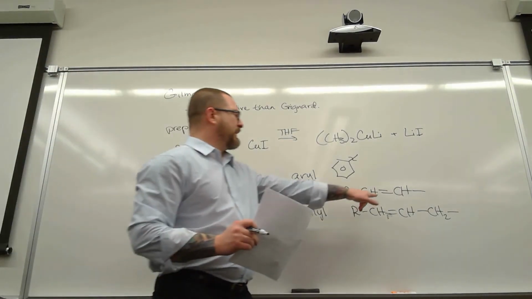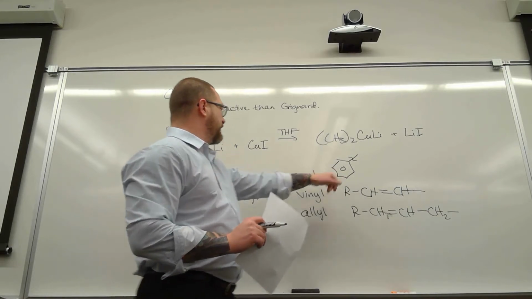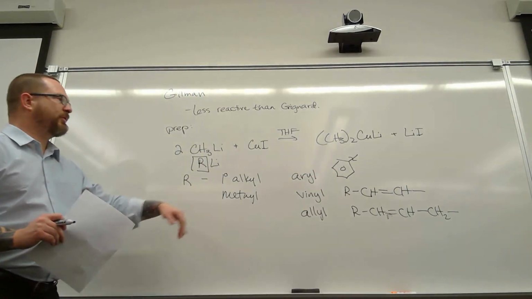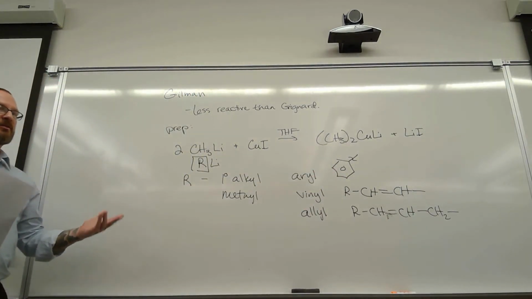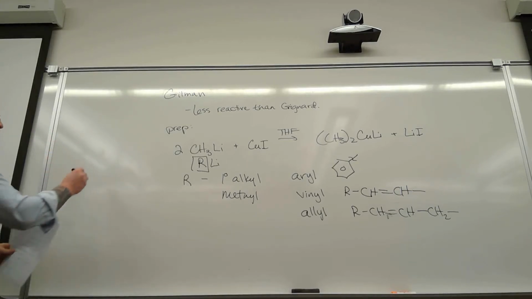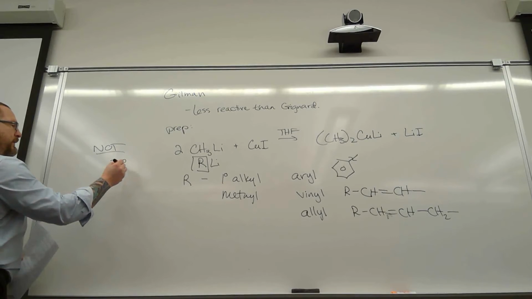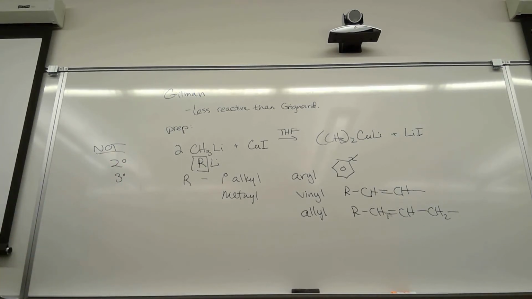So it can be directly bound to the double bond, 1 bond away from the double bond, bound to a benzene ring, primary or methyl. The only 2 things that you don't see here in terms of halide substitutions are secondary and tertiary. So not secondary or tertiary alkyl halides for the Gilman. That's the limitation of it.